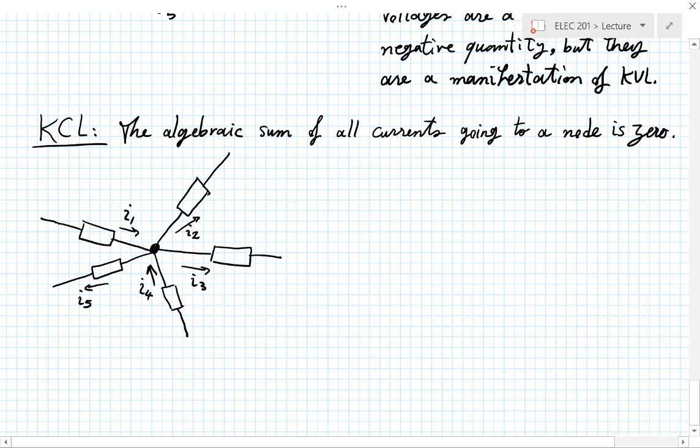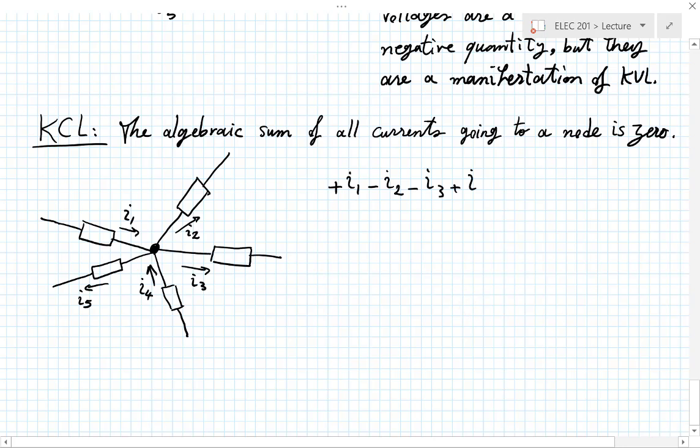Now, writing the sum, I will again need a convention. And the way I'm used to doing things is if my arrow is pointing to the node, I'll include that quantity with a plus sign. So in this case, I'll have plus I1. I2 has its arrow pointing away from the node, so it will get a minus. Same for I3.